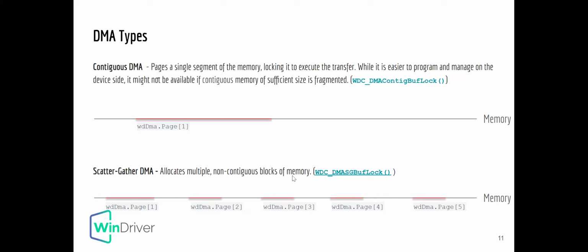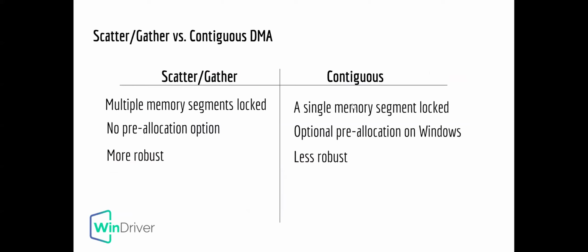The advantages. Let's start from the top. Scatter-gather is more robust, okay? Because if we need a large DMA buffer and we set it to be contiguous and this memory section is not available in our memory, then the DMA will fail.